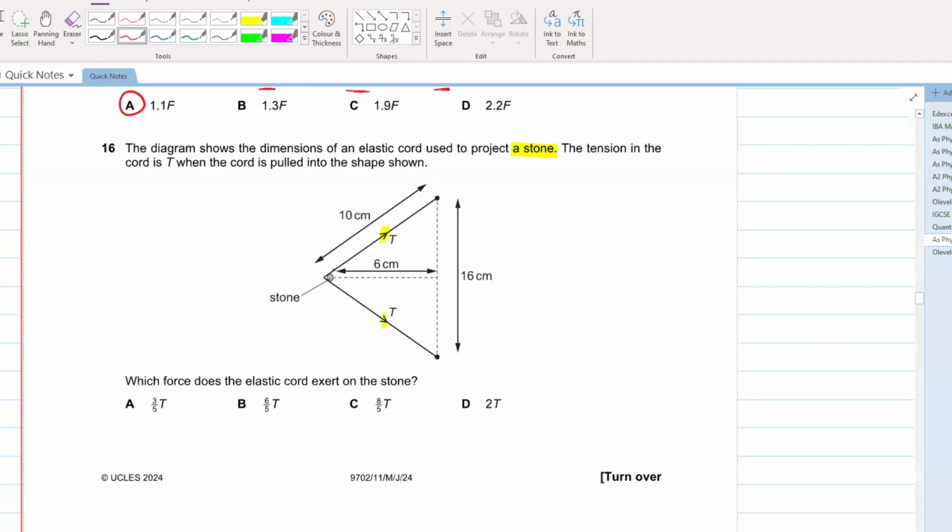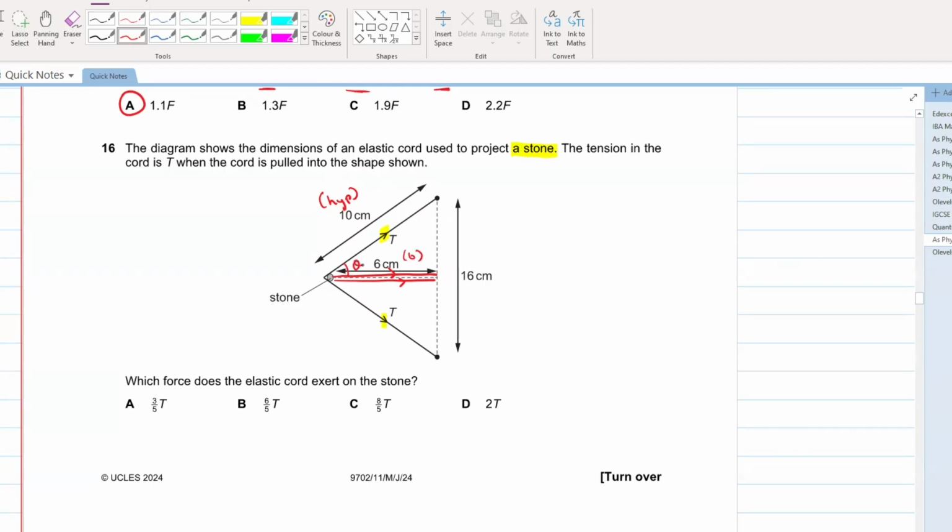What is the force that the cords exert on the stone? These vertical forces. Now, how can you calculate these forces? Very, very easy. You are given the hypotenuse, and you are given the base as well.